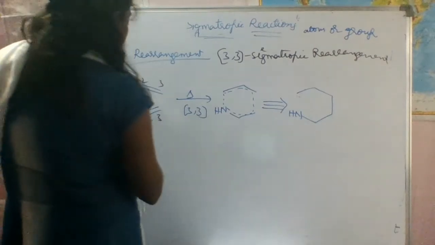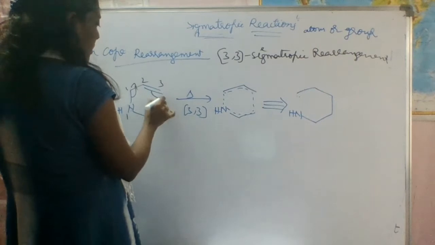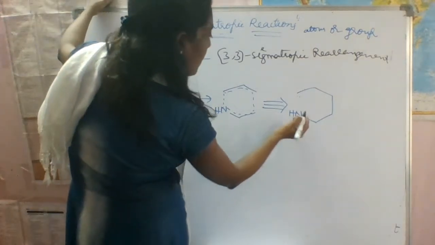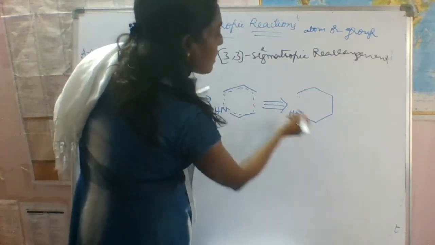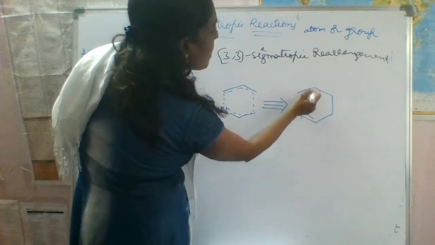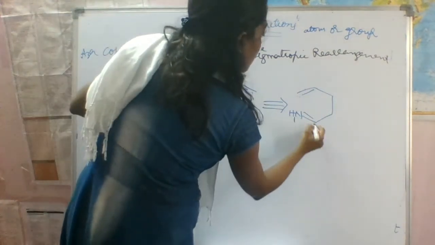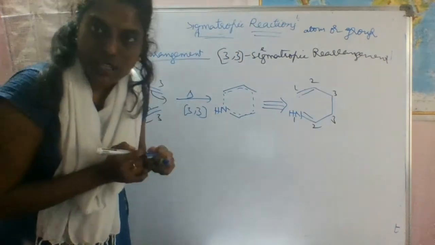We are just shifting bonds, so if you shift this one, we have to shift like this. Next, what will happen here? Double bonds are present between this nitrogen and carbon and this carbon and carbon, right? So next, this is 1, 2, 3, 1, 2, 3, 3,3 sigmatropic rearrangement again.